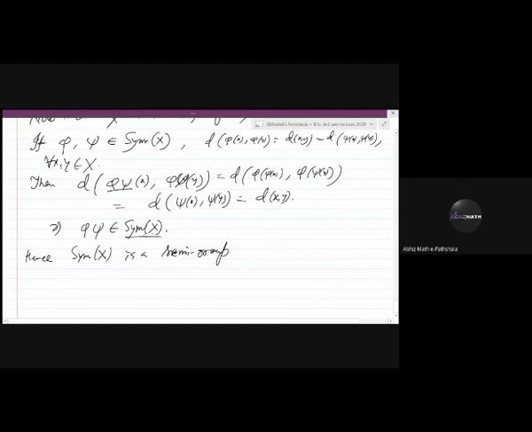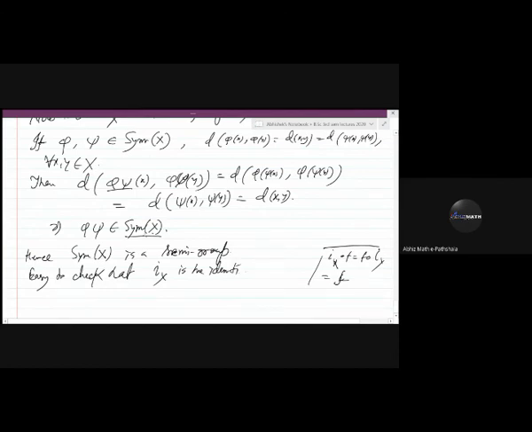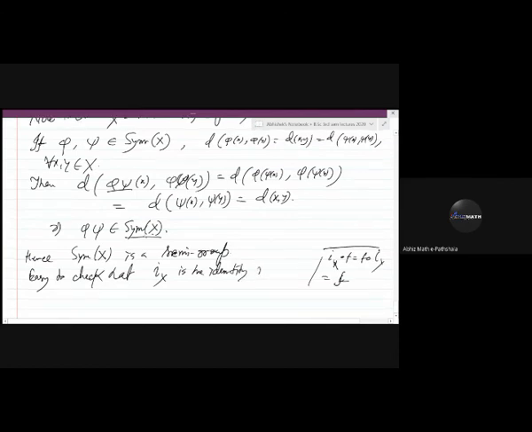That is, identity on X compose f equals f compose identity on X, and it is f. So it is easy to check that identity on X is the identity in Sym X. So it is a monoid.